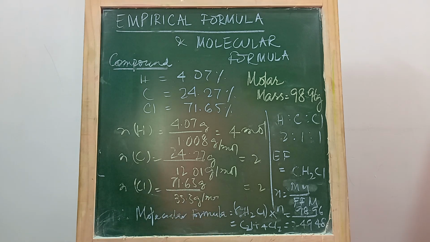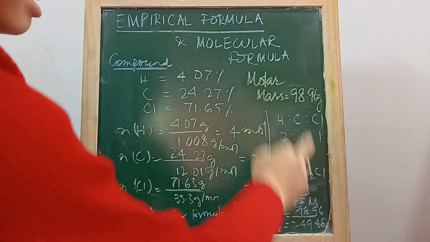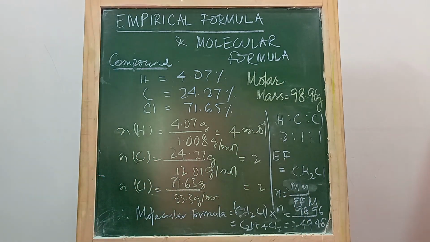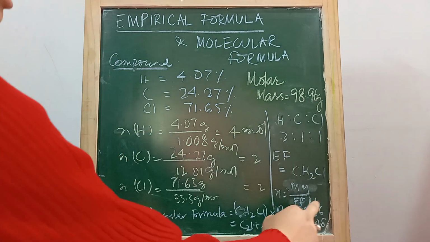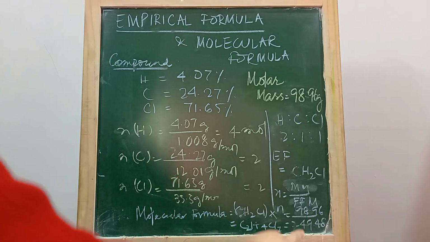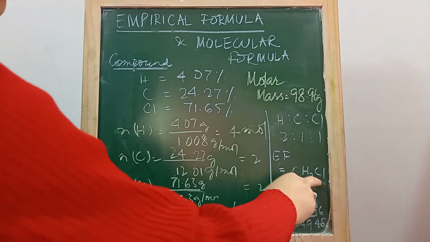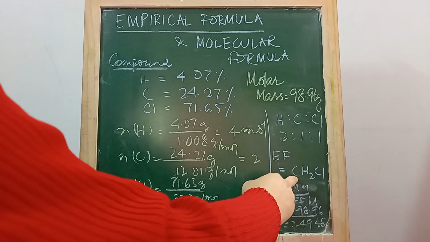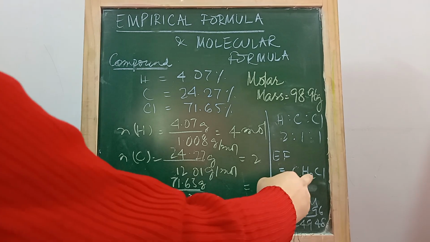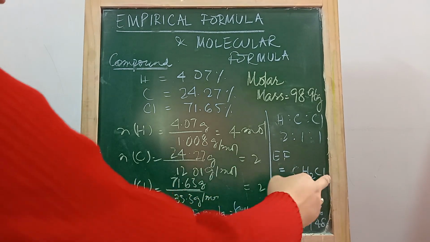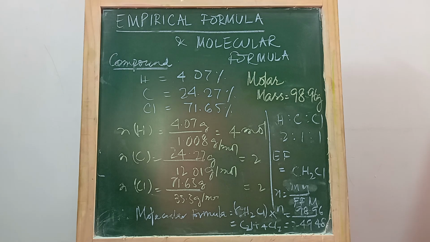So n is nothing but the ratio of the molar mass to the empirical formula mass. Molar mass is 98.9, and the empirical formula mass you calculate from CH2Cl. You know the mass of carbon is 12, mass of hydrogen is 1.008, mass of chlorine is 35.5.